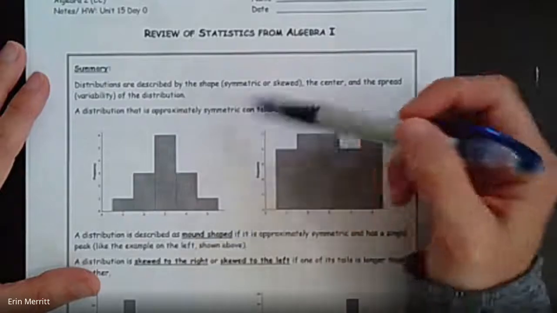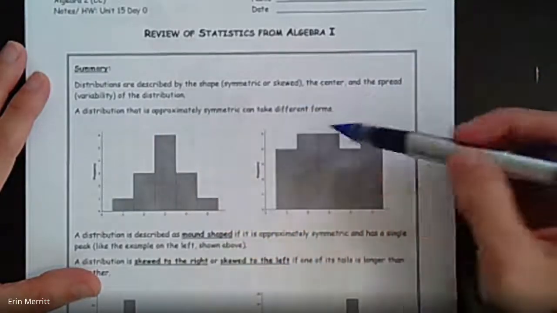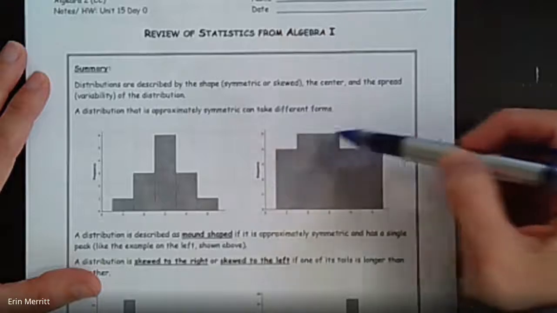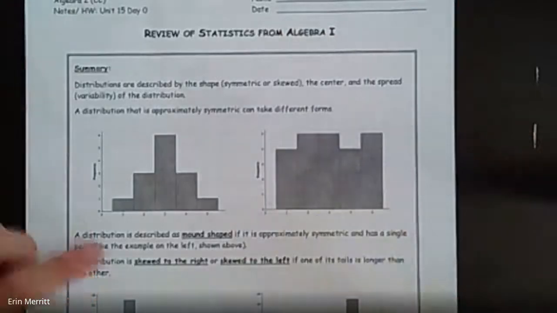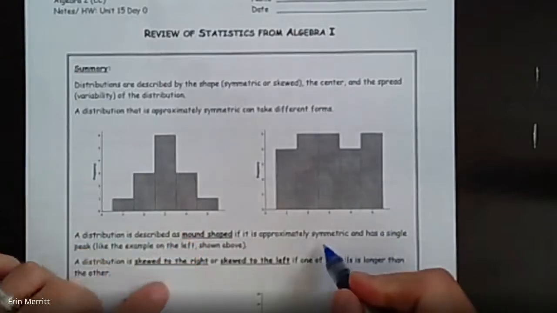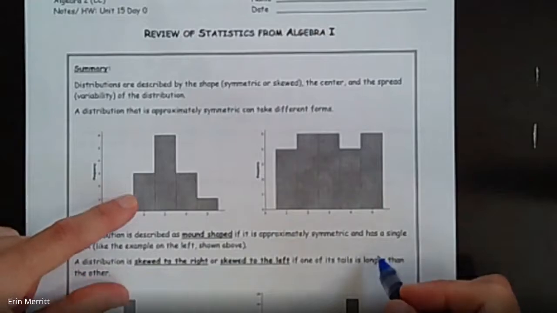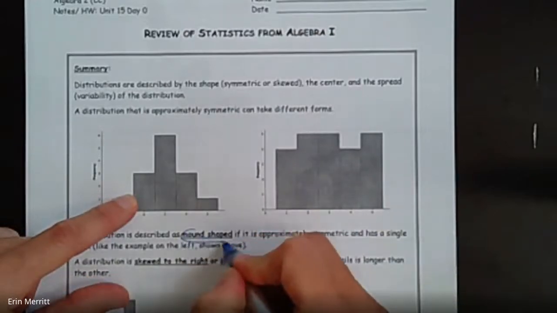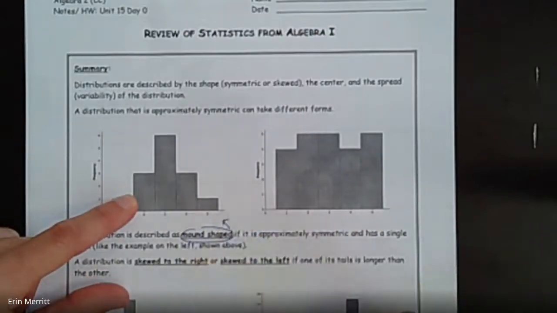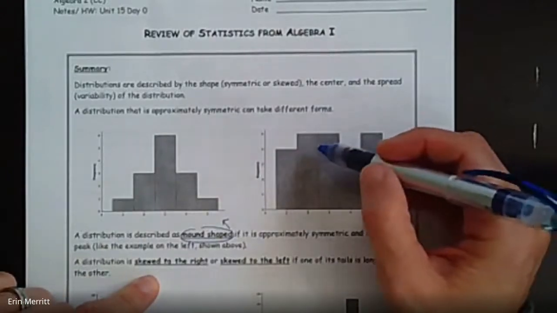So when you see the different shapes that can happen, here you see where it's mounded in the center, and here it's the same across. When it says the distribution has the mound shape, and it's symmetric and has just that single peak, like this one here, this is what we'd consider mound shaped, whereas here we would call this a uniform shape.